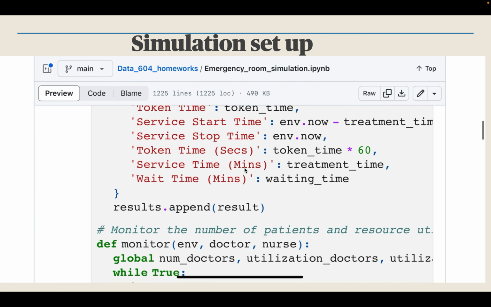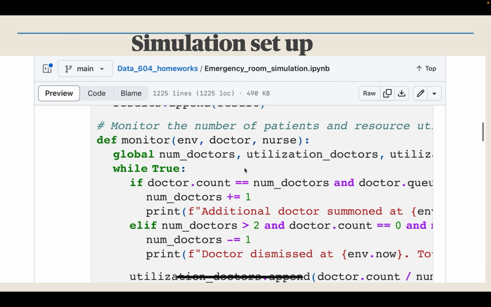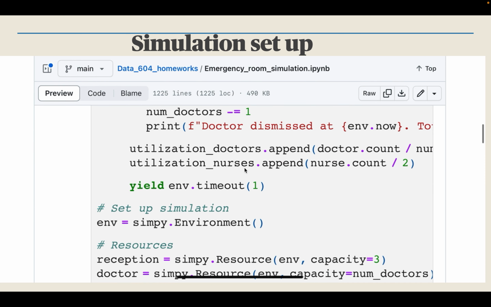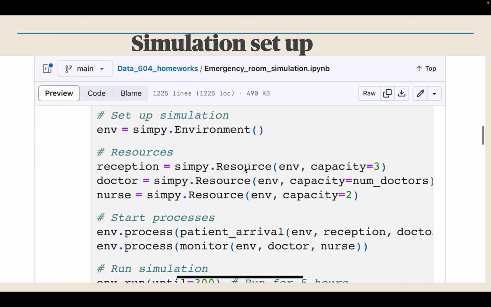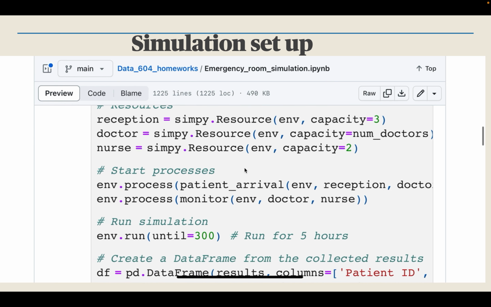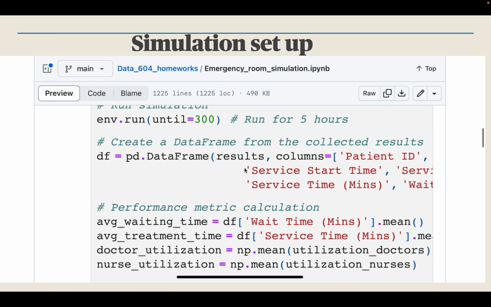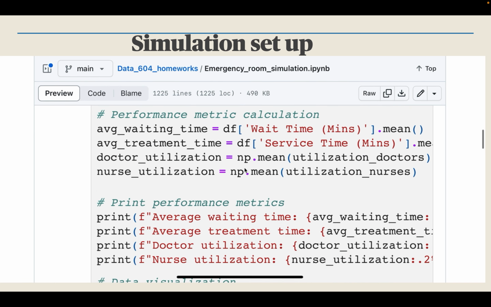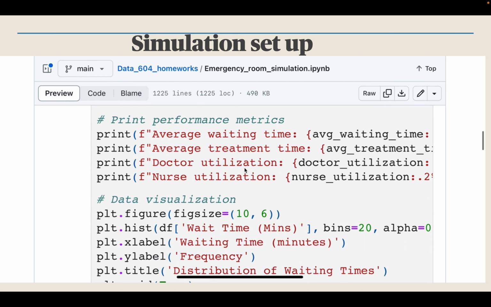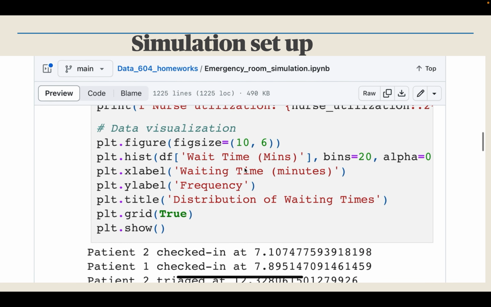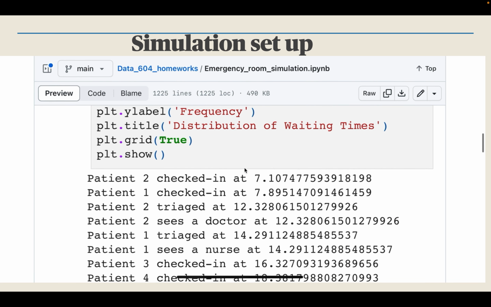It models the process of patients arriving, checking in, being triaged, and receiving treatment by doctors or nurses based on their critical condition. The simulation collects data on various aspects of patient service and calculates performance metrics such as average waiting time, average treatment time, doctor utilization, and nurse utilization.